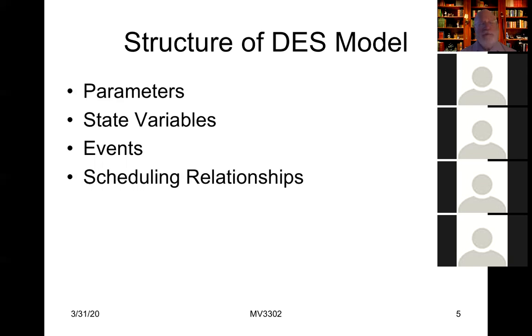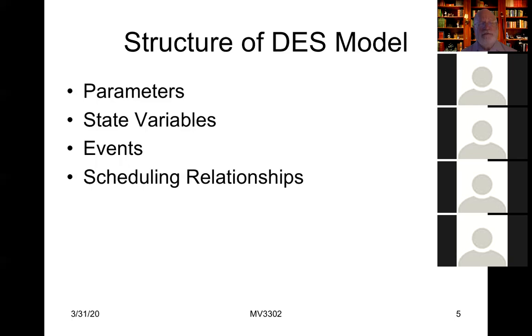In other words, you may have a state where for some reason the event that causes its state transition just never happens to occur. And that's a possibility. Again, not terribly likely, especially in the long simulation runs that we will typically want to do to get valid statistics. But anyway, the state variables, again, those are things that the modeler defines.